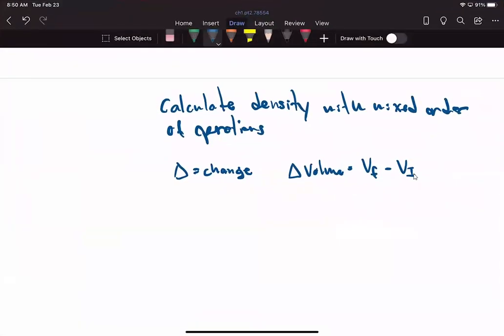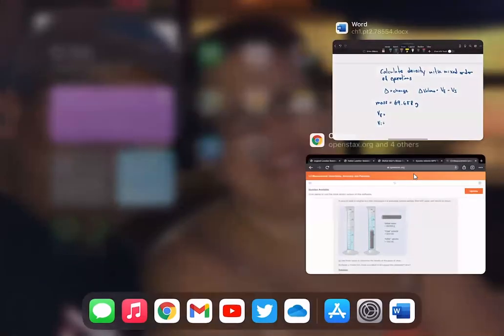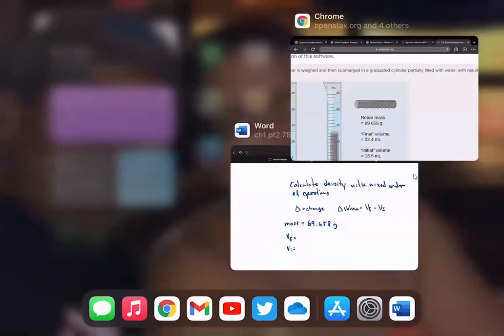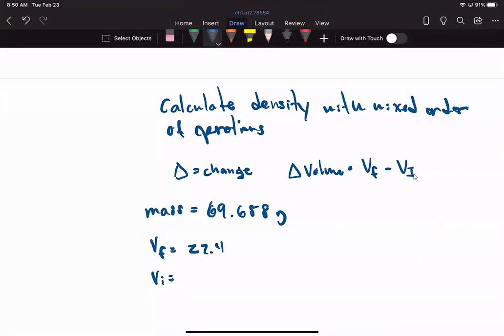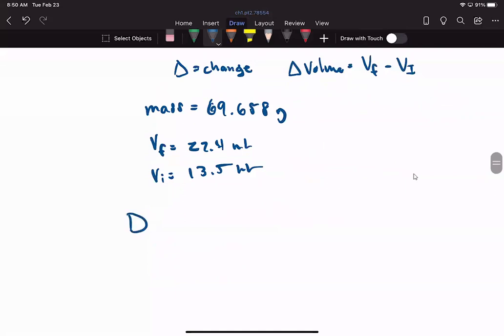Our mass is 69.658. And then we're going to have two volumes here. We have final volume and we have initial volume. Final 22.4, initial 13.5 milliliters. Well, when we set this up, to figure out our density is equal to our mass over volume, right?